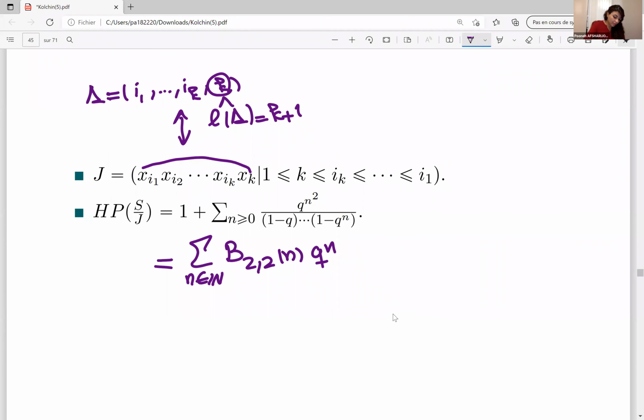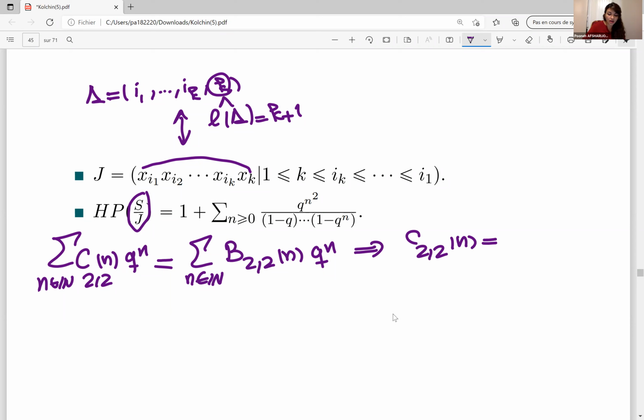This means that the partitions that we can associate to this algebra are those whose smallest part is at least equal to its length. Or in other words, the partitions which are counted by C_{2,2}(n). So this proves that the Hilbert-Poincaré series of S over J is equal to the generating series of C_{2,2}(n), and this proves that C_{2,2}(n) is a new member of the first Rogers-Ramanujan identity.